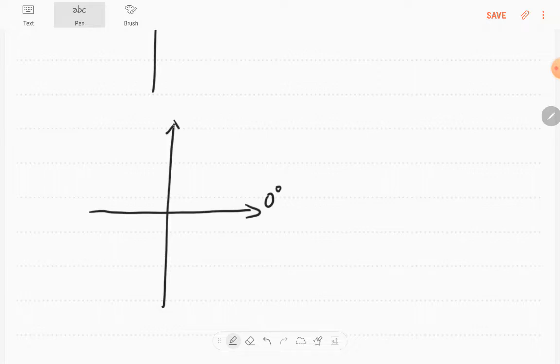Then if we rotate to the positive y-axis, this is 90 degrees. Going back to here, this is 180 degrees. Continuing, this is 270 degrees; we add 90 degrees. Then we go back to our initial side, which is 360 degrees. So 360 degrees and 0 degrees are exactly the same position, although the measurements are different, but it looks the same.